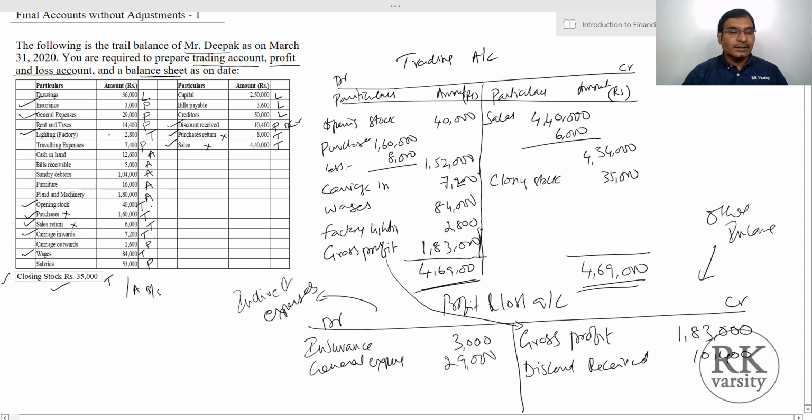The third one is rent and taxes, 14,400. Then we have traveling expenses, 7,400.